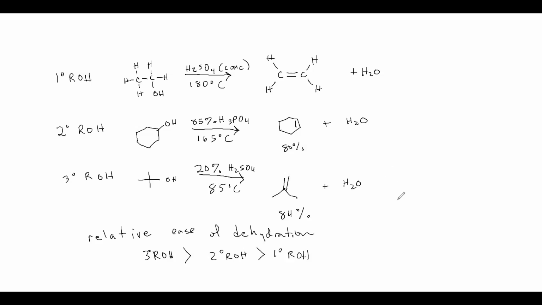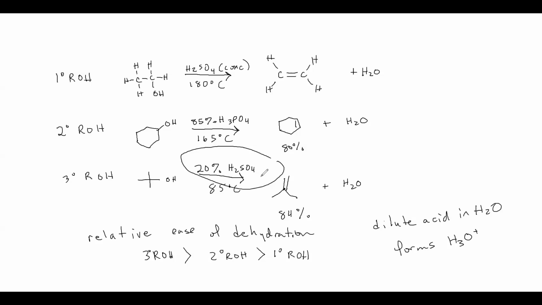Okay. Now, it is important to remember that when we say something like a dilute acid, right? So something like this, 20% sulfuric acid, that implies that it is in water, right? And dilute acid in water forms hydronium.